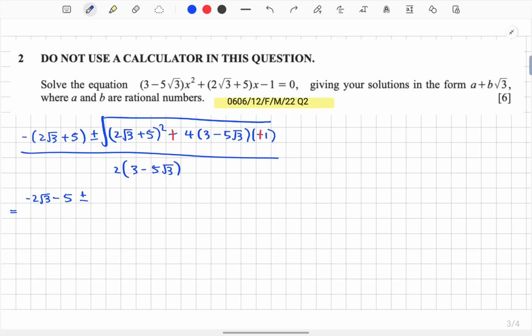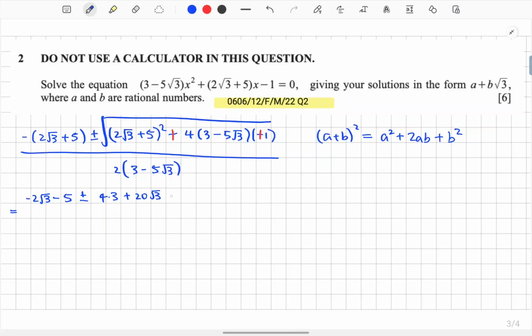We can apply the binomial expansion rule. A plus b squared is a squared plus 2ab plus b squared. The a here is 2 root 3, so the square of it is 4 times 3. Then 2ab will be plus 20 root of 3.